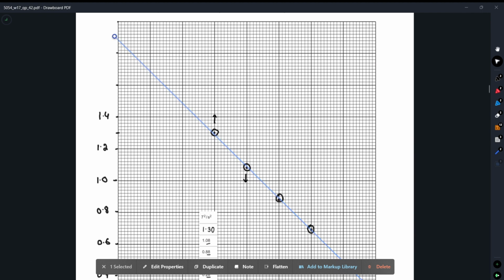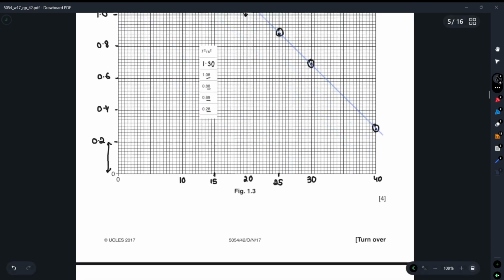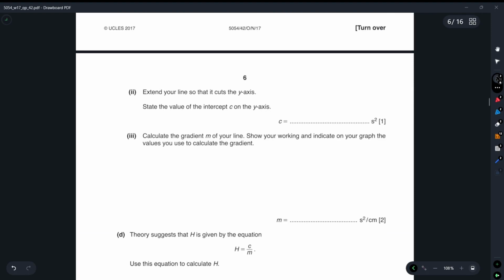Yep, that's better. So my y-intercept is what? My y-intercept is 1.6, 1.7, and 1.78 if I'm not wrong. Take it. So this right here is going to be 1.78 seconds squared.